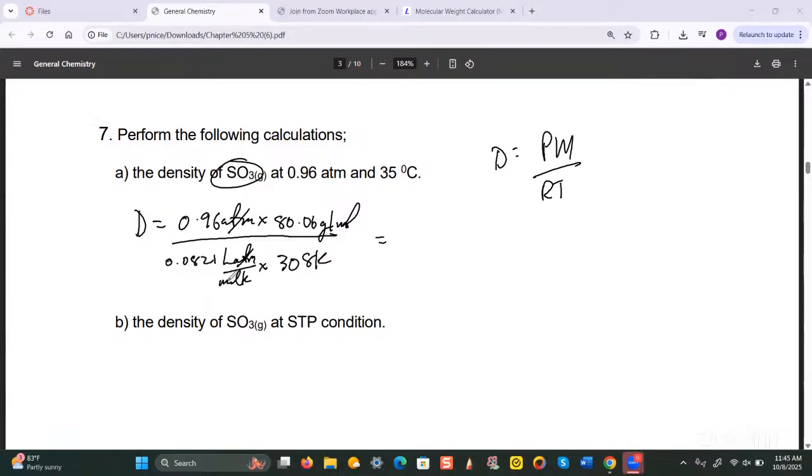Atmospheres cancel, moles cancel, Kelvin cancel. So the final units would be grams over liters. So 0.96 times 80.06 divided by 0.0821 divided by 308. And according to my calculation, rounded off to two sig figs, that would be 3.0 grams per liter. All right?